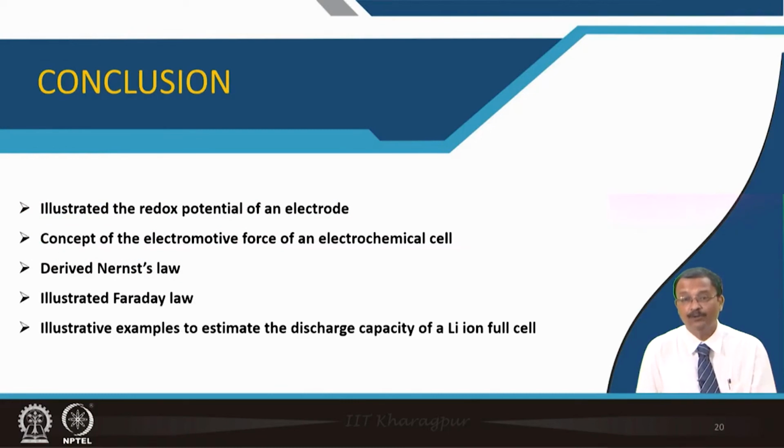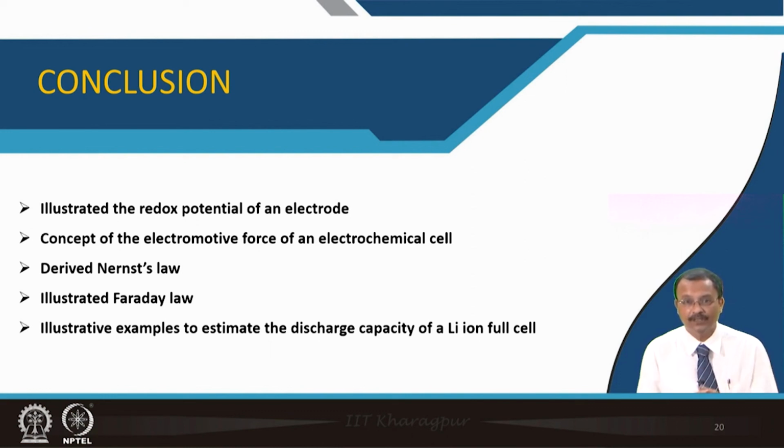So, let me conclude this lecture. First I illustrated the redox potential of one single electrode, the concept of redox potential. Then we talked about the electromotive force of a particular electrochemical cell.